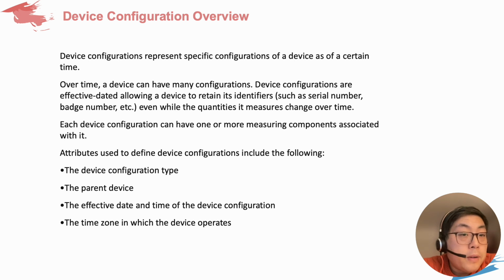Each device config can have one or more measuring components, which is quite often the case in the INC world, because in INC, a lot of meters have multiple registers, not just for the energy but also maximum demand, etc., for half hourly meters. But also let's think about the half hourly meter.